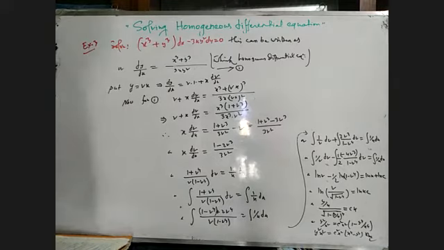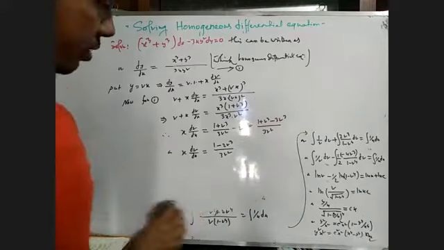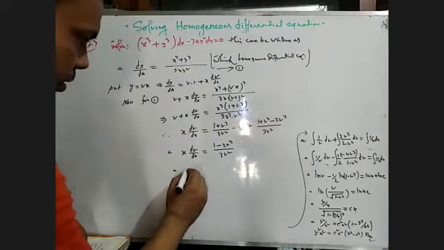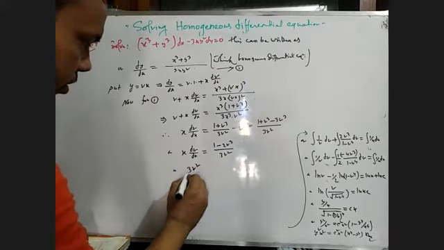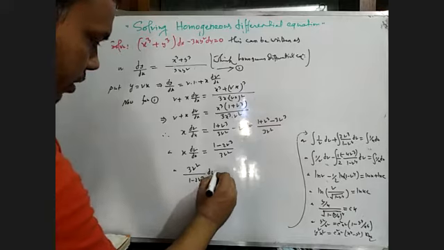Now separating the variables, you can write thrice b square divided by 1 minus 2b cube db.